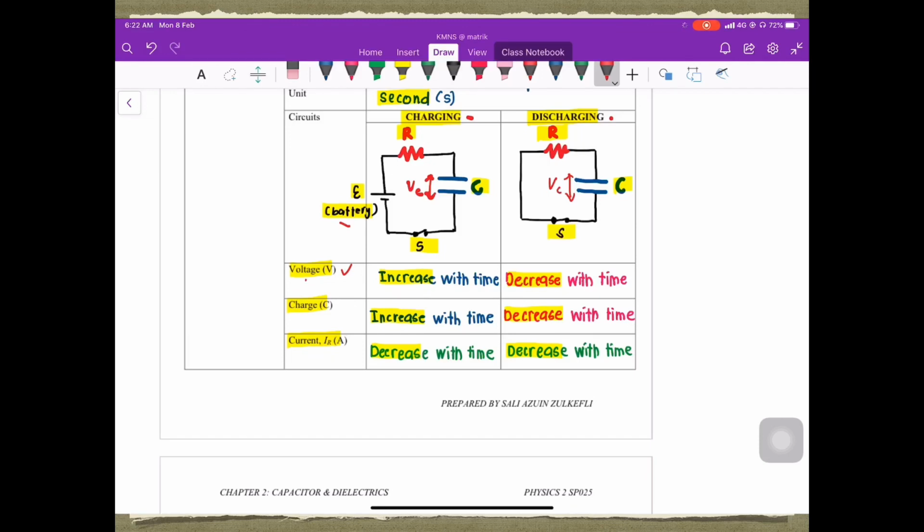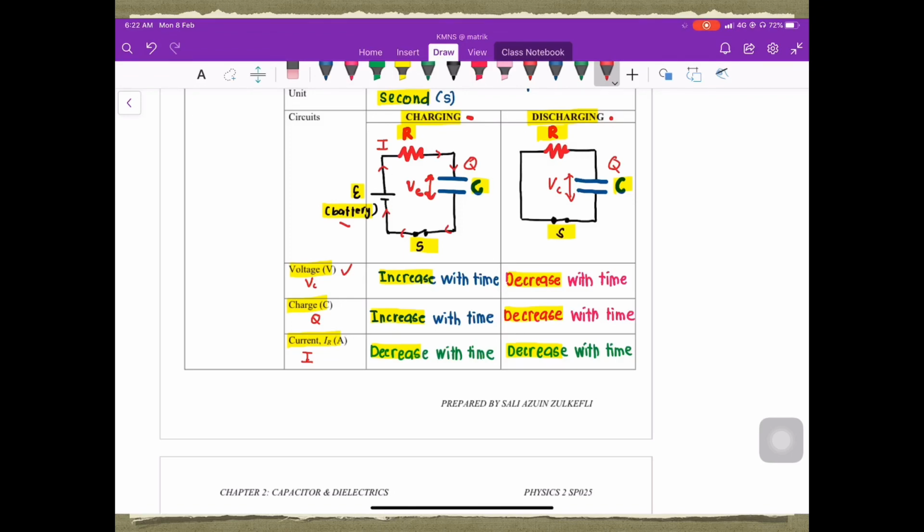We can label it as VC. And then the charge on the capacitor, and the current flowing through the resistor. So what happens?